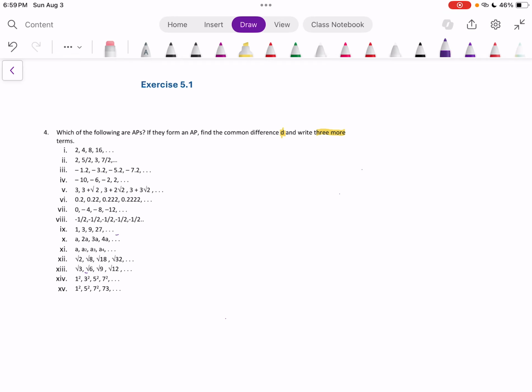So the first question, now you know that difference makes all the difference here, so you need to find the difference. If the difference is same throughout the series, then it's an AP. If not, it's not an AP. So we need to look for that one case of D that is not the same as the other D's, or when the difference is not the same. Just one case and the series is not an AP.